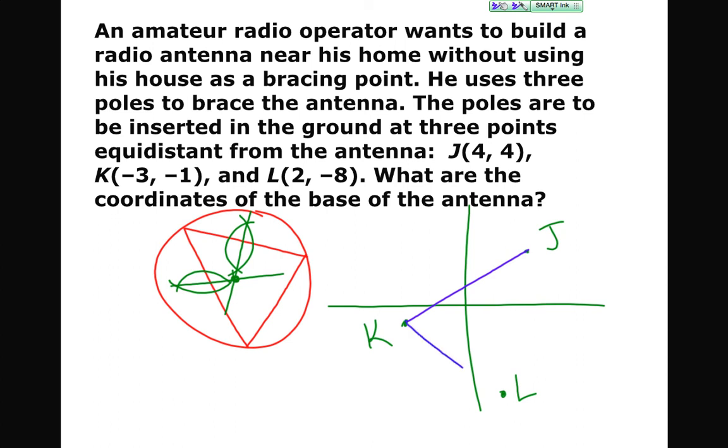Perpendicular bisector on two of those segments. Where they cross should be the center of the circle going through all three of them. That center point would be where you want the base of the antenna to be, because it's the same distance to each point.